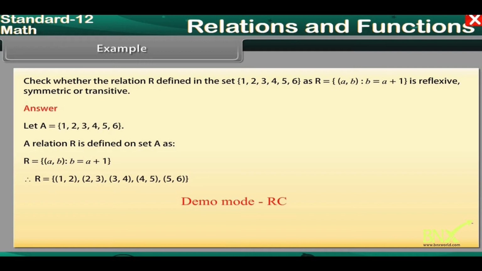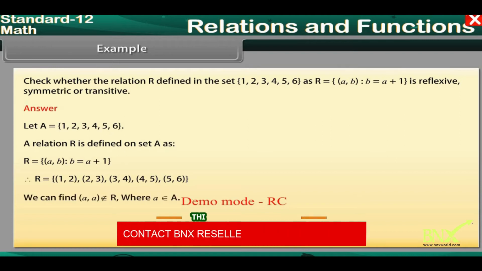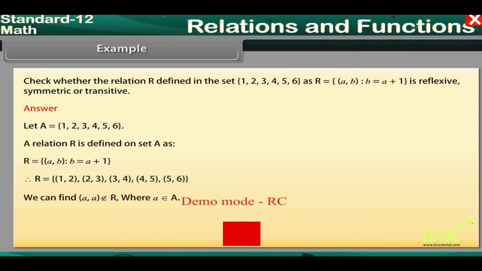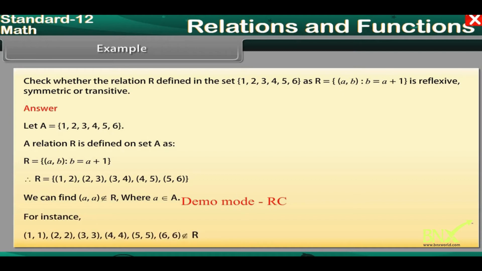Therefore, R = {(1, 2), (2, 3), (3, 4), (4, 5), (5, 6)}. We can find (a, a) does not belong to R where a belongs to A. For instance, (1, 1), (2, 2), (3, 3), (4, 4), (5, 5), (6, 6) does not belong to R.